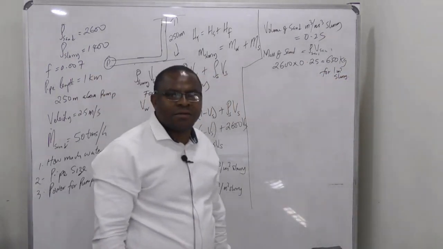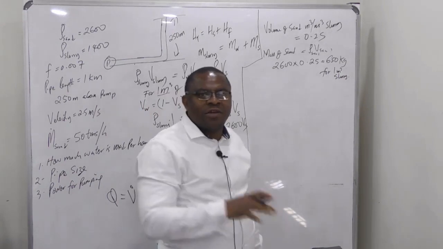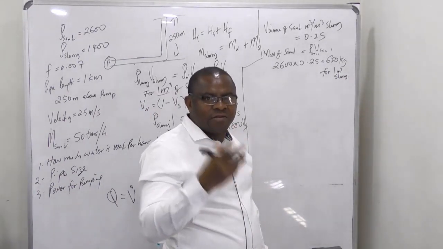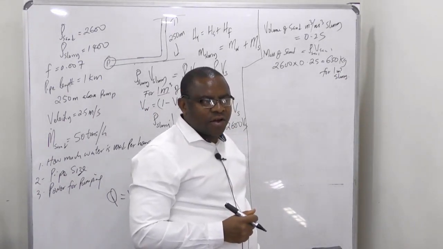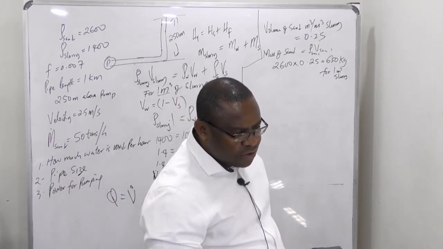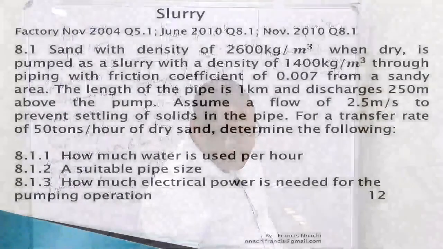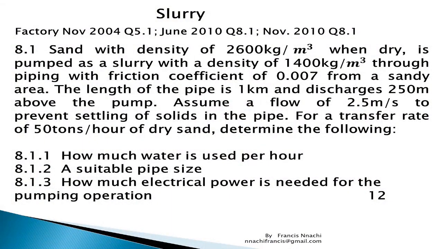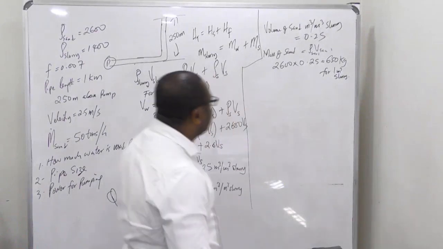Okay. So we can now use this to get the volume of slurry, because if you check the equation, we need to pump 50 tons per hour.